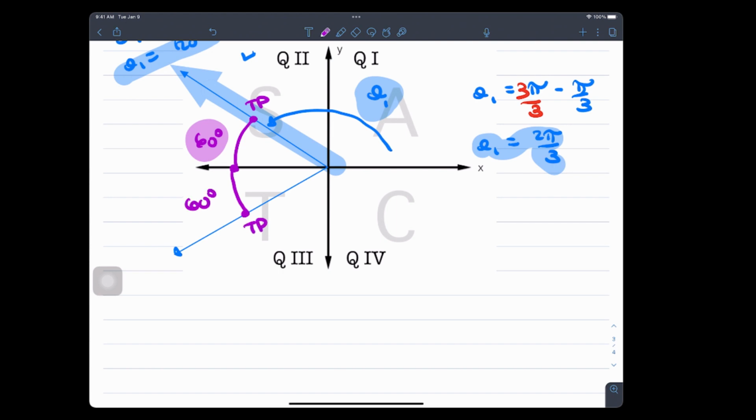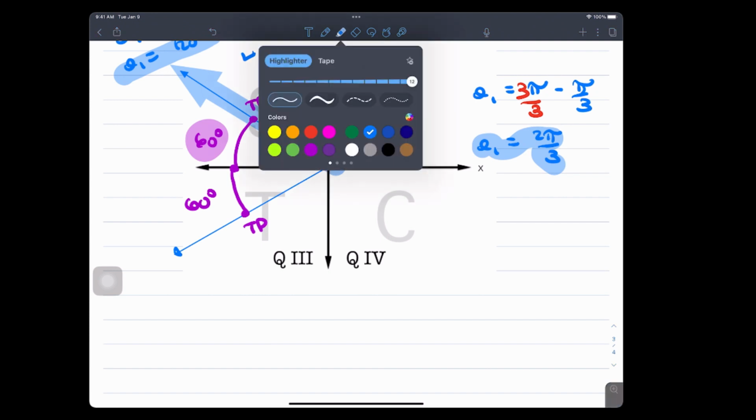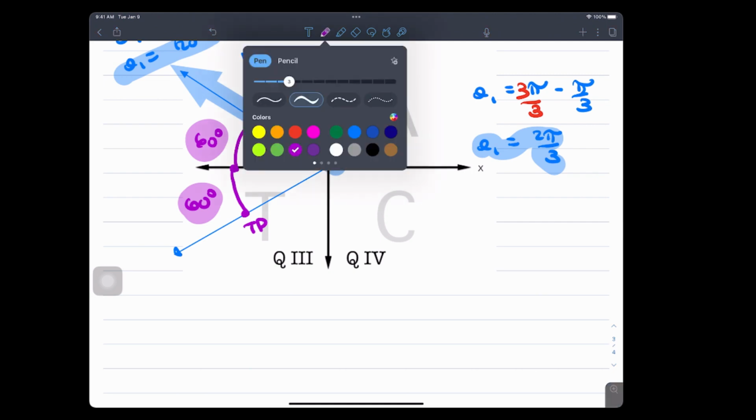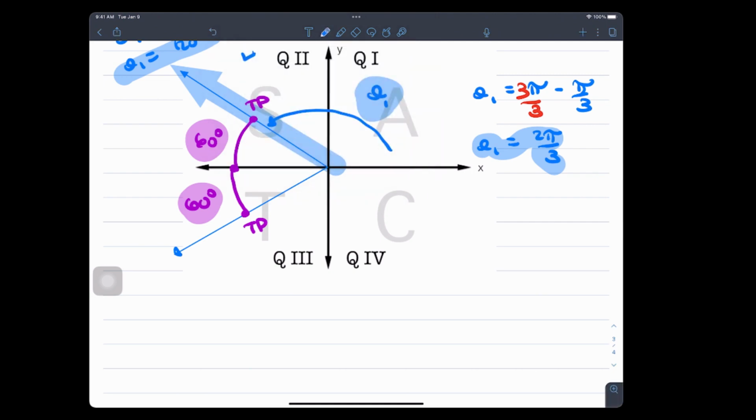Here's your 60 degrees. So how do we get the angle over here? Do you guys know? How do we do it now? You're going to try to get this angle here. This is your theta 2, second angle. So for quadrant 3, how do you get that?